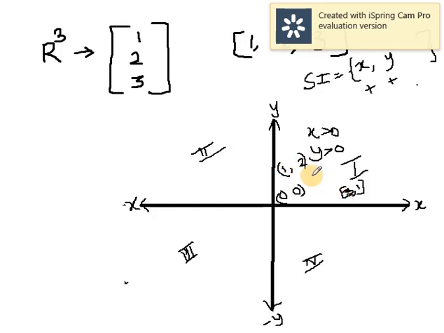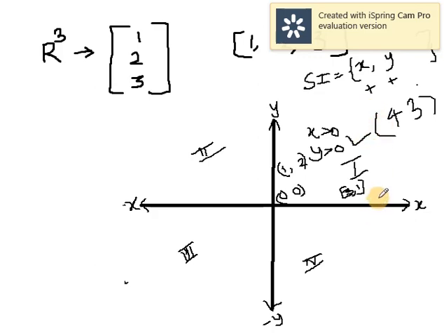Now let's check whether the addition of these two belongs to that subspace. 1 plus 3 is 4, and 2 plus 1 is 3. The addition of two positive numbers has to be positive, and this point 4, 3 belongs to the first quadrant. So we satisfy the first property.